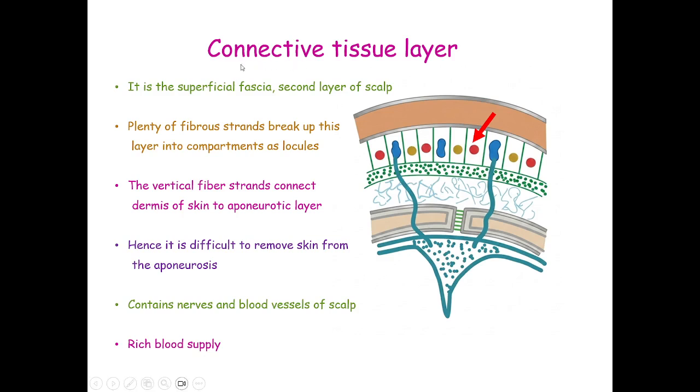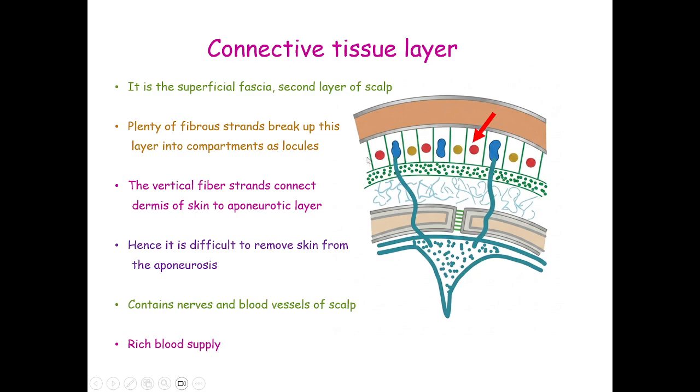The second layer is connective tissue layer of the scalp. But even though it is a superficial fascia, here it is made up of densely arranged fibers. So it is a dense layer. Plenty of fibrous strands break up this layer into compartments as locules.